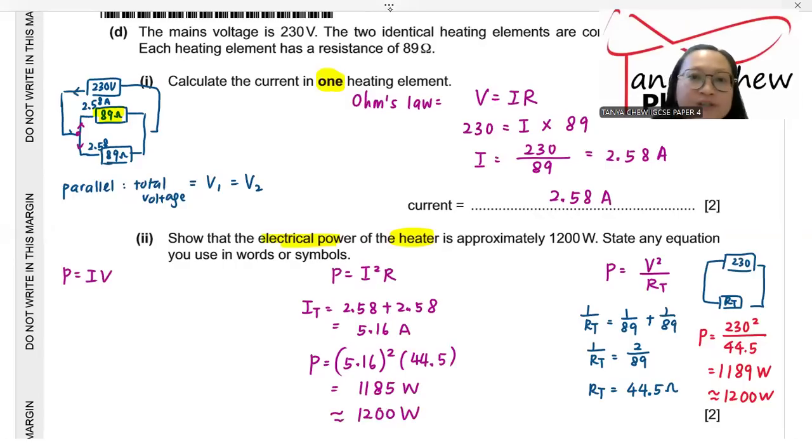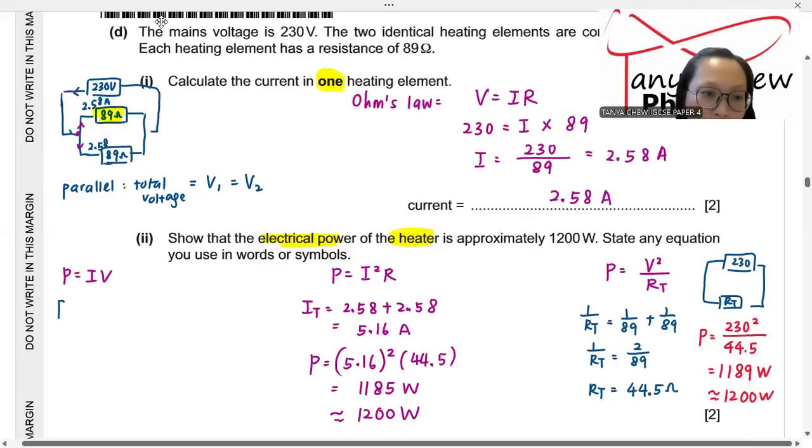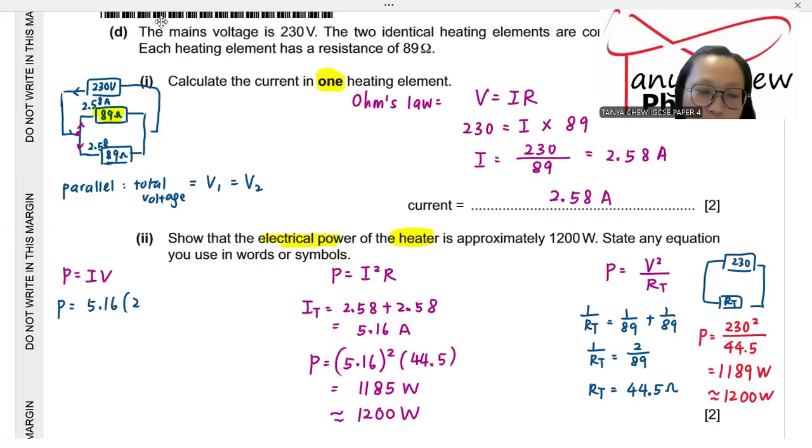And if you use IV, no problem. Power is equal to the total I and the total V. The total I is 5.16, total V is 230. So 5.16 times 230, you end up getting the same answer as well. I get 1187 watt, which I'm still going to round off to 1200 watt.